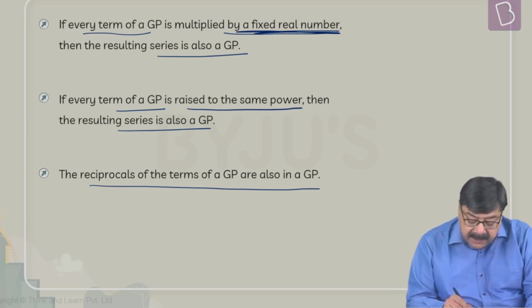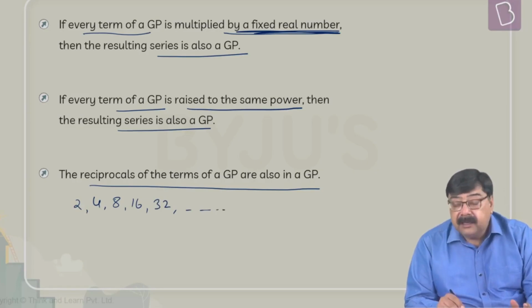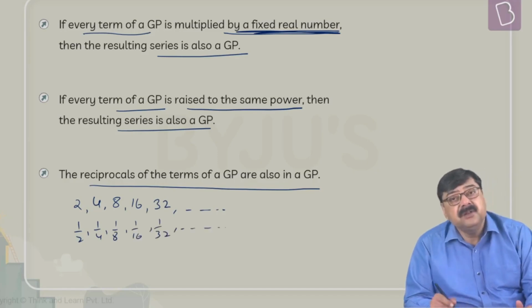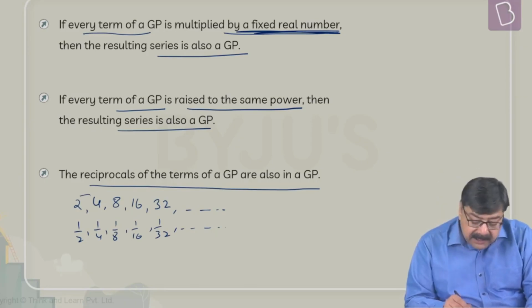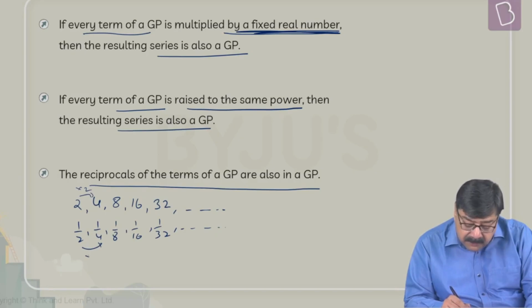By that I mean that if there is a GP that is 2, 4, 8, 16, 32 and so on, then even 1 by 2, 1 by 4, 1 by 8, 1 by 16, 1 by 32, the reciprocals of each of these terms is also a GP. Here each time 2 is getting multiplied, and here each time 1 by 2 is getting multiplied.